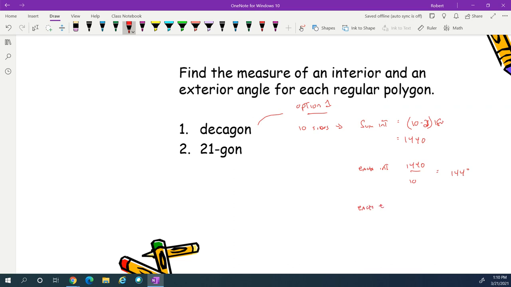Each exterior: 144 plus the exterior equals 180, and we can find that the exterior angle equals 36 degrees.